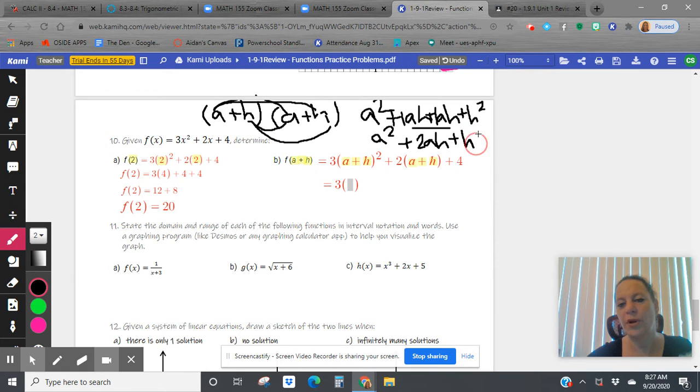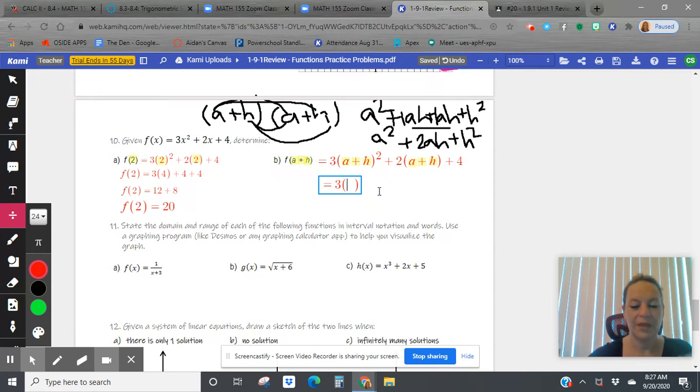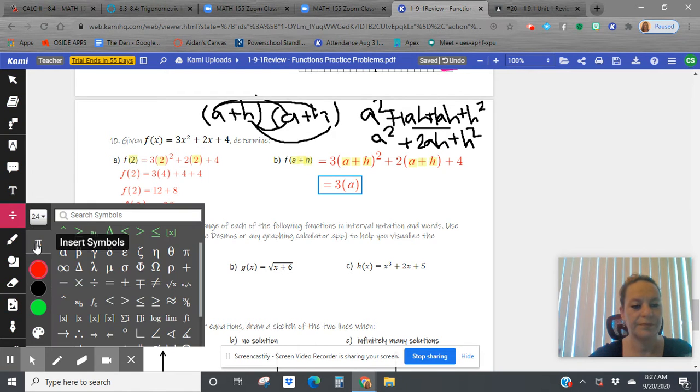Now, if you don't remember how to do this distributing process, just know that we are going to go into this in depth in Unit 3. So if you don't understand it now, there will be time to pick it up again in Unit 3. All right, so this becomes 3 all times this whole quantity, a squared plus 2ah plus h squared.